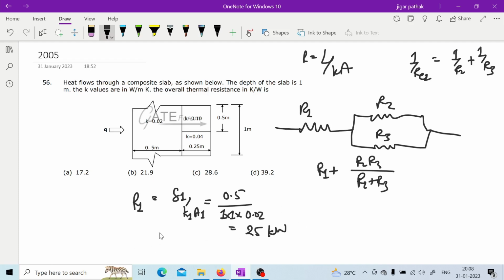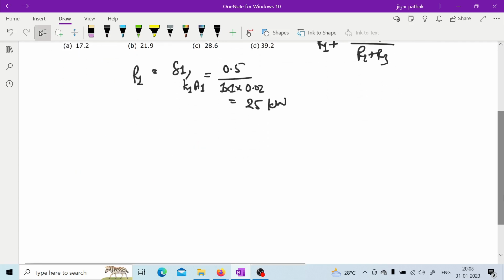For R2 and R3, area will be 0.5 into 1 and 0.25 into 1. So let us write all one by one. R2 is equal to delta 2 by K2 A2.